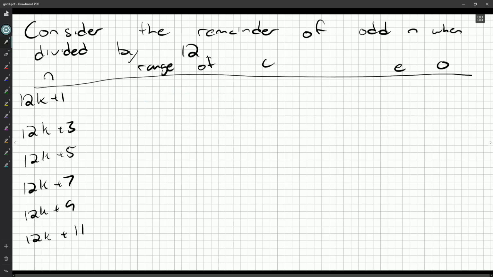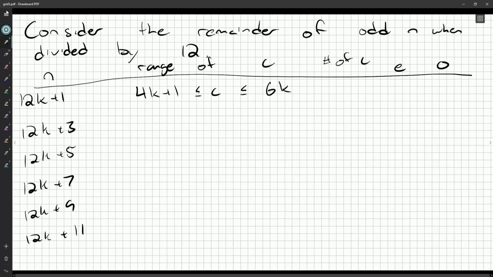I have to be very careful here. When I divide this by 3, I'll get 4k plus a third. So I'd start at 4k plus 1 here. And at most, since all of these are odd, n over 2, I'll just subtract 1, and so we'd go up to 6k.